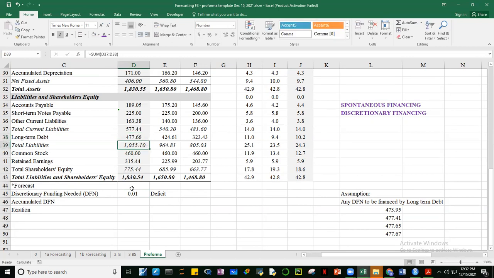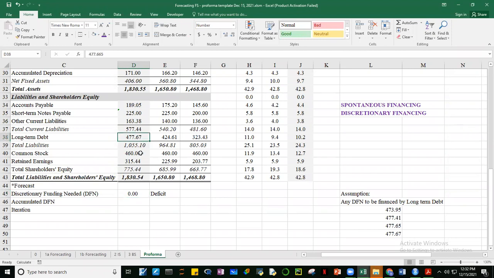Oh, hindi pa rin. Maghihirapan tayo kasi magiging incremental. Ayan, medyo nag-zero siya. Okay, pero deficit pa rin daw. Ibig sabihin, hindi pa talaga siya zero.